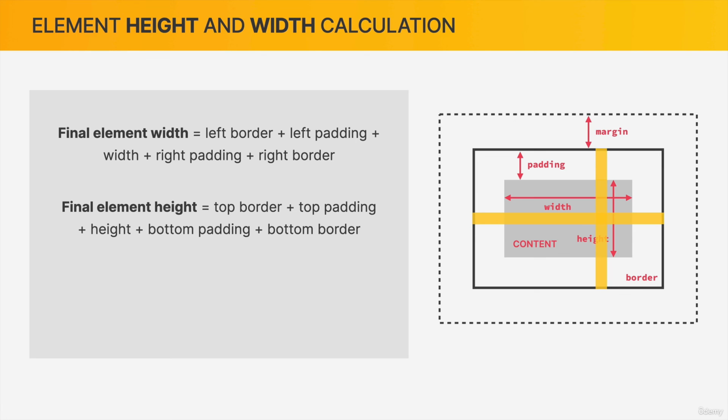Now, as you can see, the margin is of course not part of the width or height calculations of the elements because, again, it is just space that is around them. And as I said in the beginning of the lecture, we can of course specify all these individual sizes using certain CSS properties.